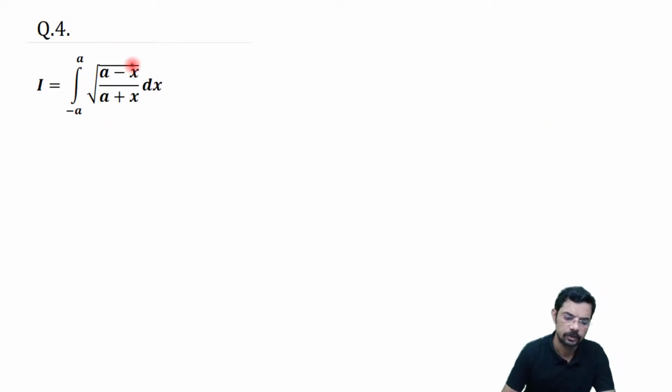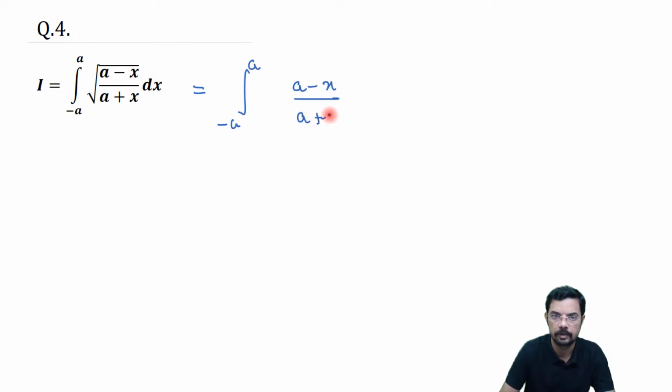In this question, first of all, we'll simplify and rationalize this expression. So this can be rationalized as the integral from minus a to a of the square root of a minus x by a plus x. We shall rationalize the denominator by multiplying and dividing by a minus x, the square root of this item, into dx.